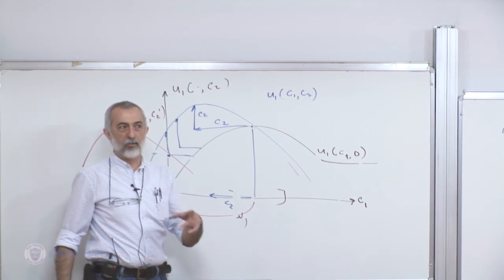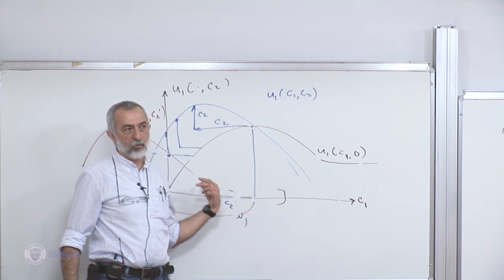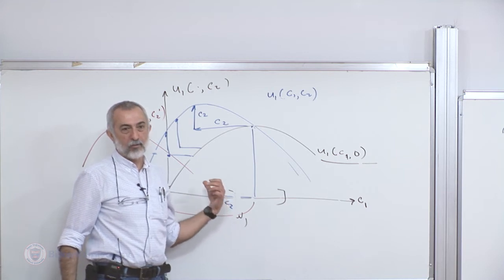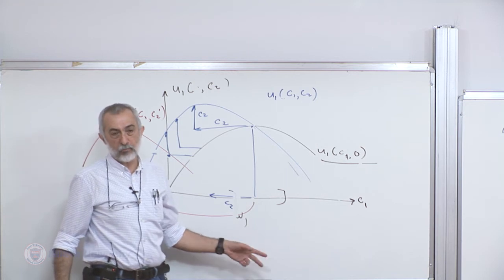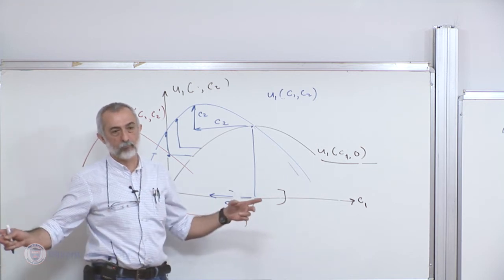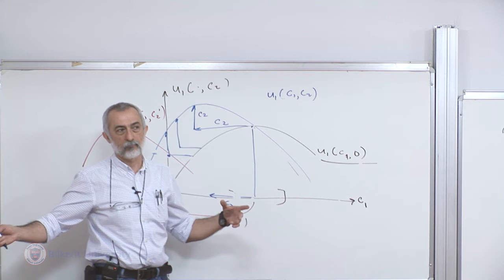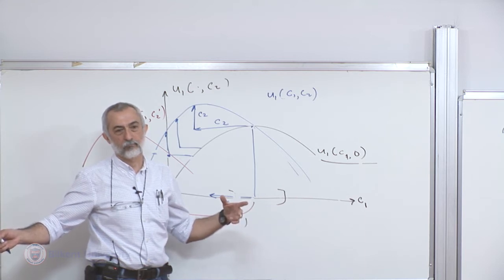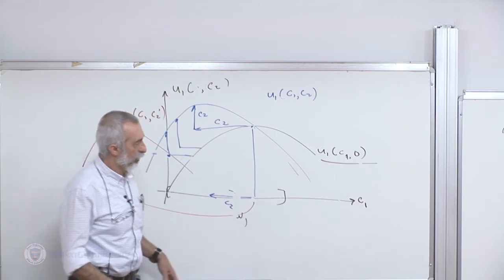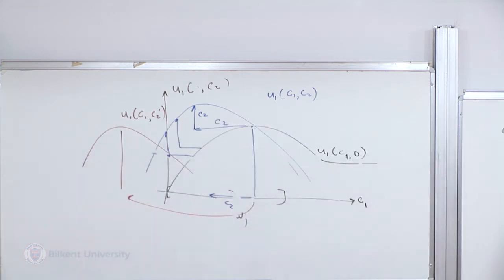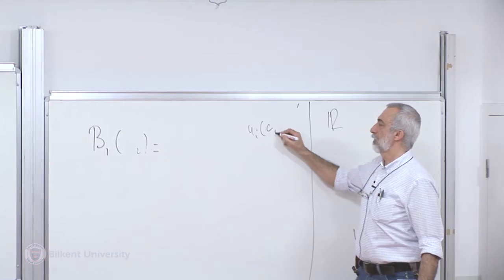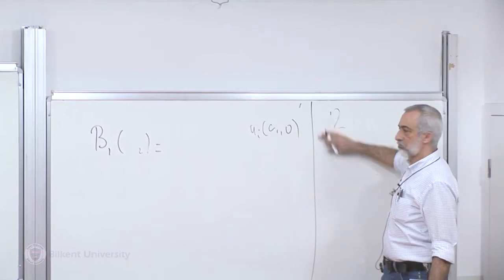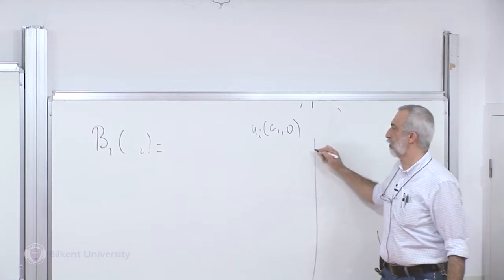But all these will be true if the function has a maximizer. Are we guaranteed that the function will have a maximizer on R plus or on R? No. So think about U1 of C1, and let's take the other strategy to be 0.